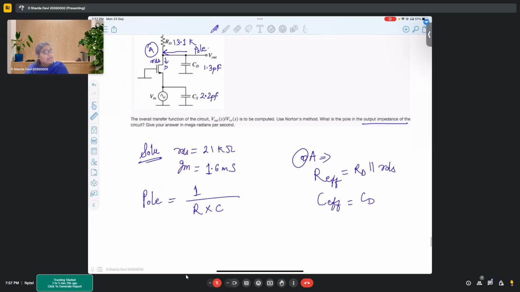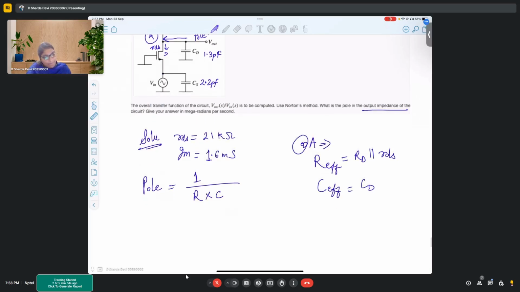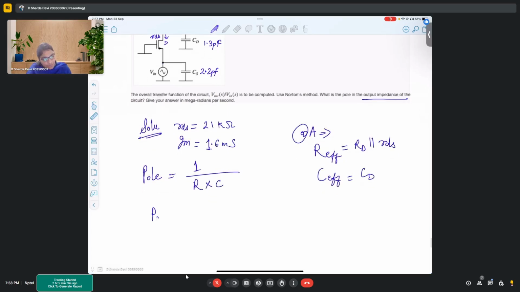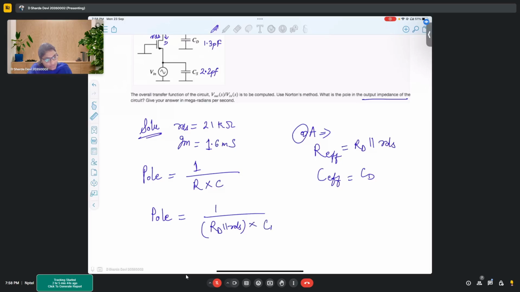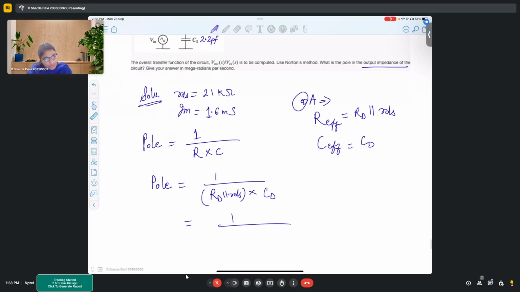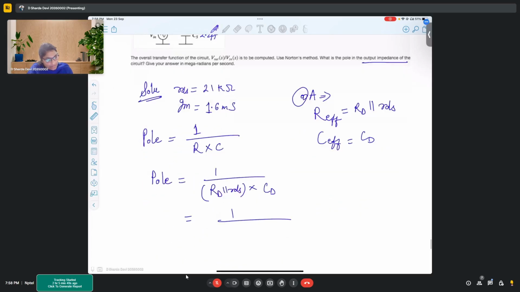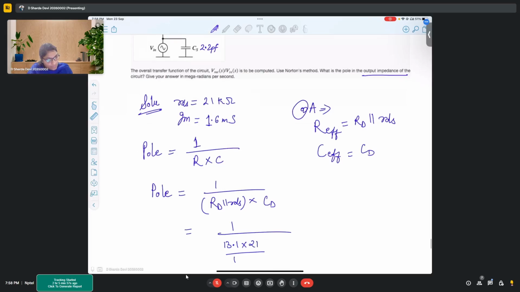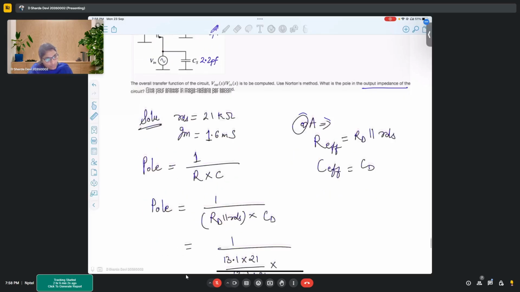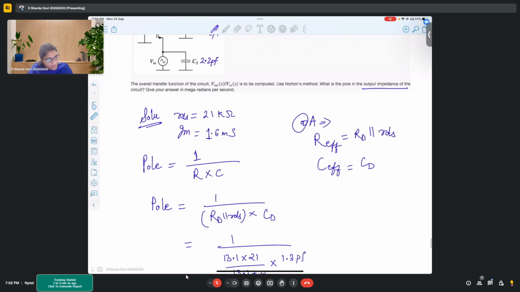So from there, if we find the value of pole, the pole would be at 1 upon RD parallel RDS into CD. That is 1 upon 13.1 into 21 by 13.1 plus 21 into 1.3 picofarad.